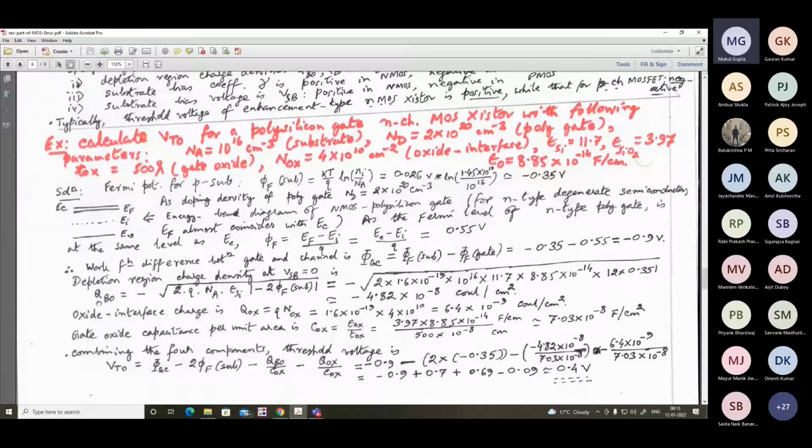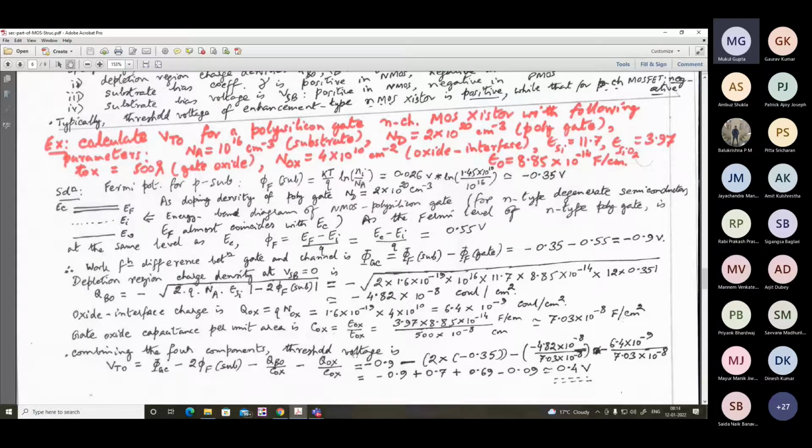And the oxide interface charge is Qox equal to q into Nox, that is equal to 6.4 into 10 to the minus 9 coulomb per centimeter square. Now, the gate oxide capacitance per unit area is epsilon ox by tox, so we get it to be roughly 7 into 10 to the power minus 8 farad per centimeter square.